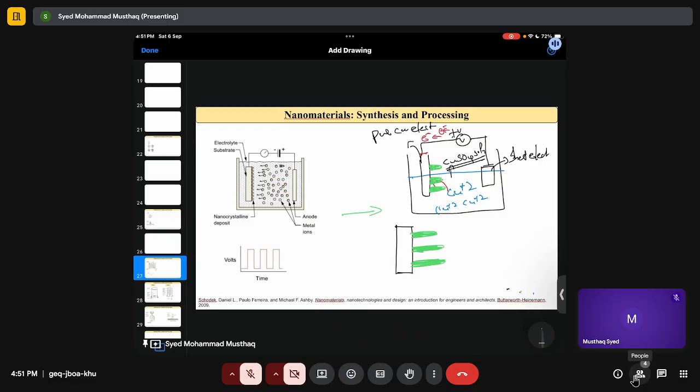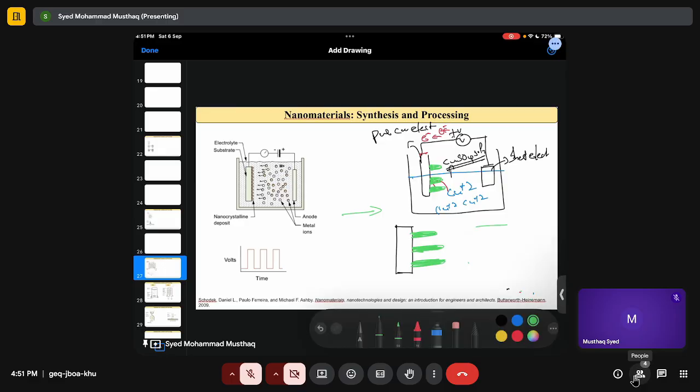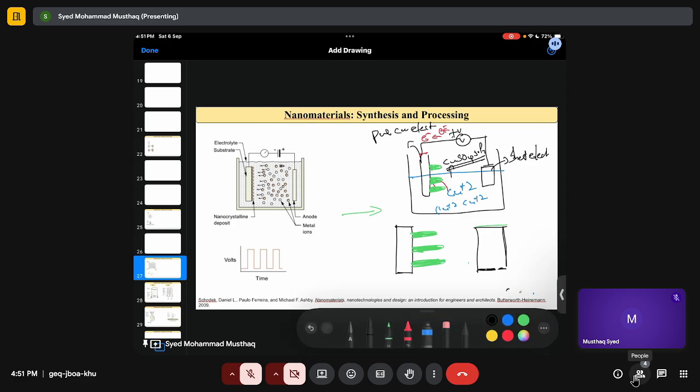Now, if I want to form a thin film, right, then the thing I need to do is give a pulse. Right?